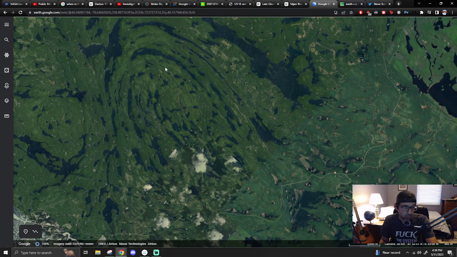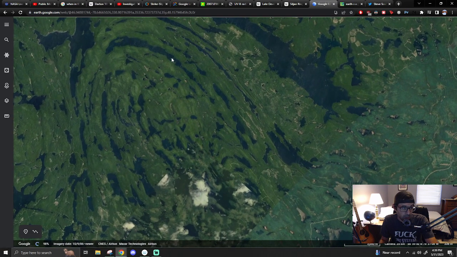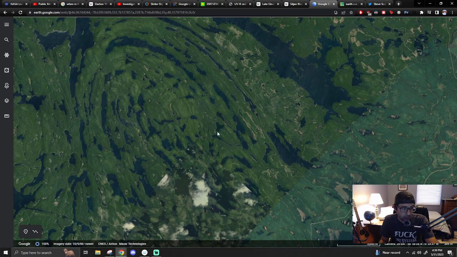Essentially, it's swirling in, and if we look here, this current seemingly wraps around here. It continues, but it also wraps around.